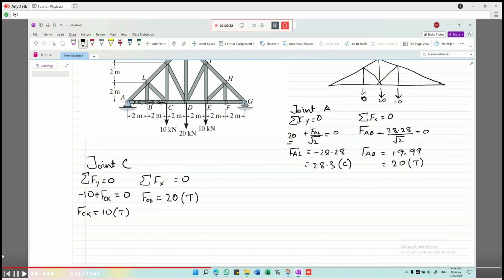As we know, this member does not exist because it's a zero force member. No force exists in these members, and hence there will be no other x component about C. So this will be 20 newtons in tension.